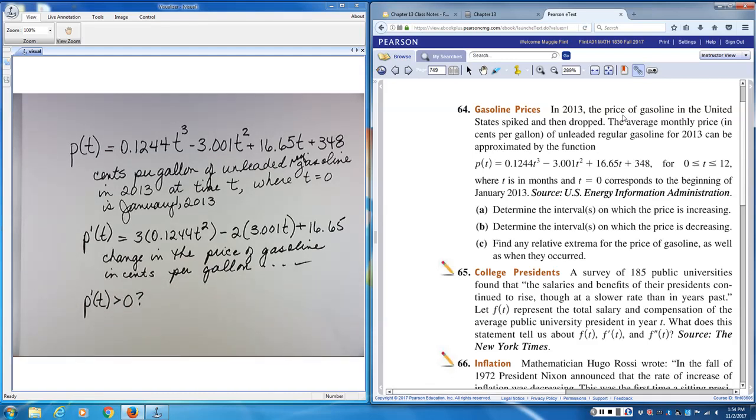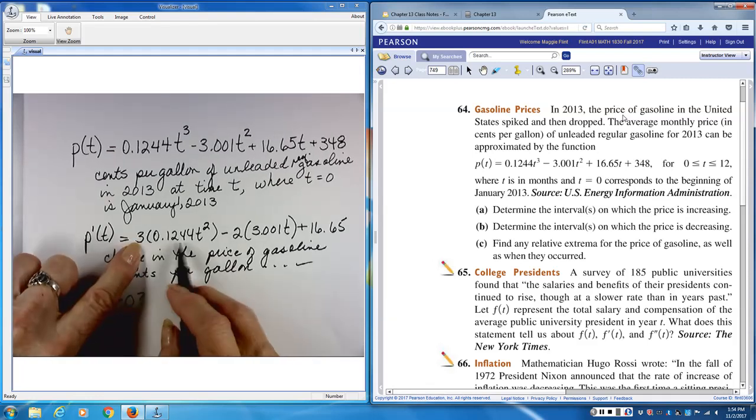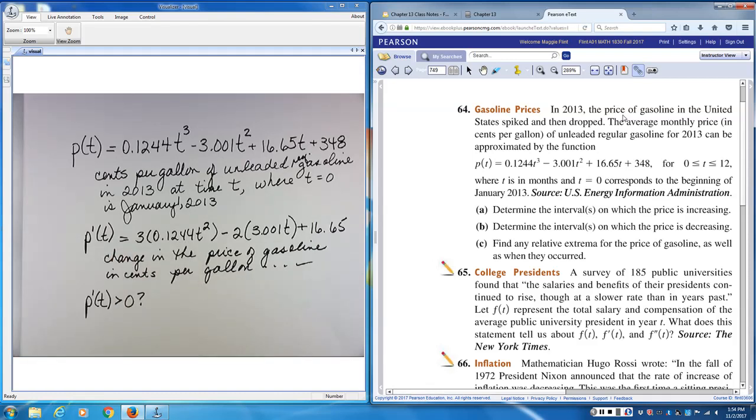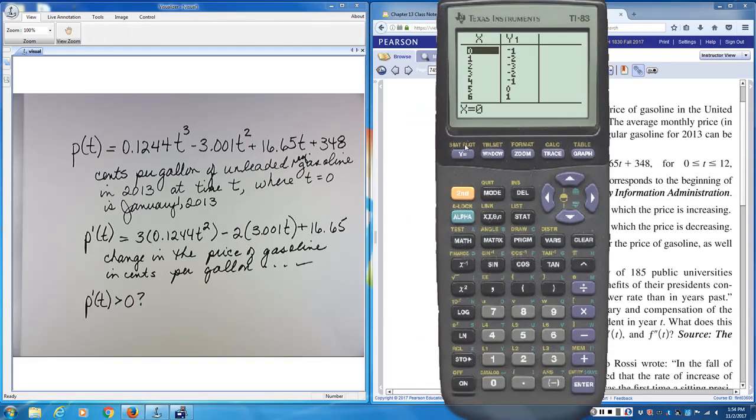When is it positive? Well, 3 times 0.1244, get my calculator here. We're just going to do some arithmetic first. We'll do the easy way.